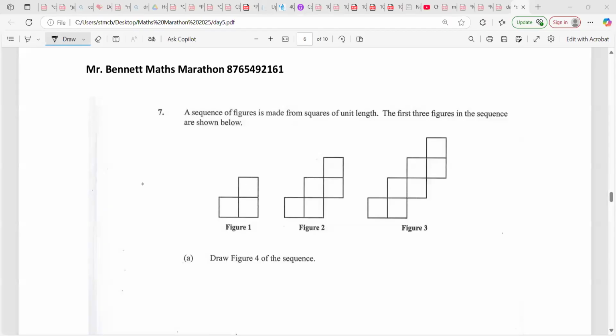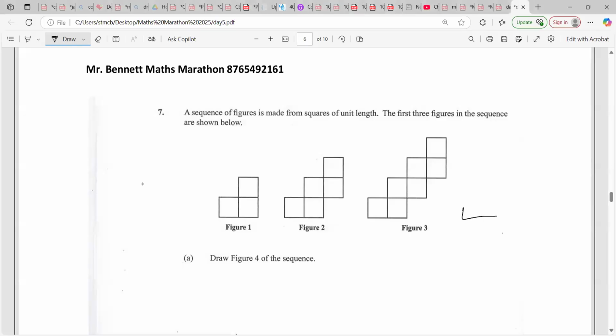All right, let me try that. So basically, we see they start with 2, then from there we continue up and down.